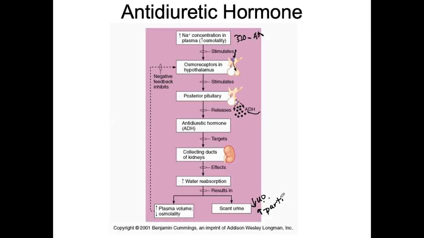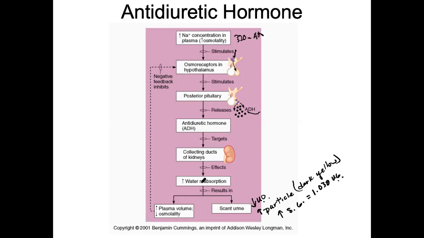More particles. What color is it? Dark yellow, right? And so specific gravity is going to go up. The higher the particles, the higher the specific gravity, right? And so it'll probably be closer to 1.030, and it might even be 1.030. Okay.